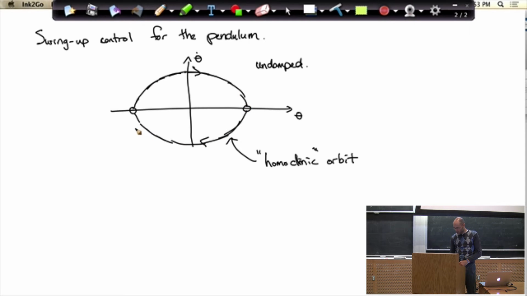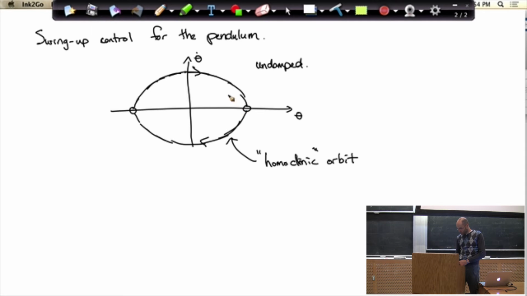So the basic idea that we're going to pursue with our nonlinear control is, if I start myself anywhere in the system, I could try to drive directly to the fixed point, but that's maybe hard. It turns out it's a little easier, since I have limited control authority, to say wherever I am, I'm going to just try to drive myself closer to this homoclinic orbit. And if I can get to the homoclinic orbit, and if I can stabilize it, then I can just ride it in and get myself to the fixed point.